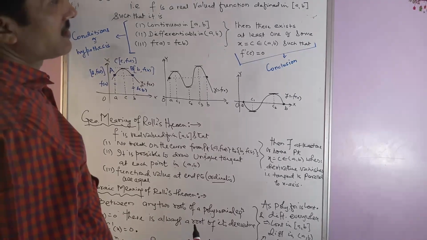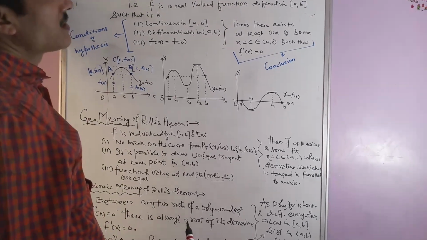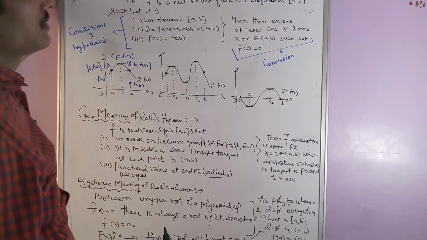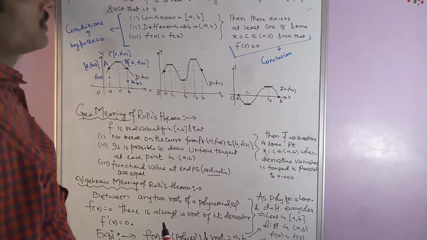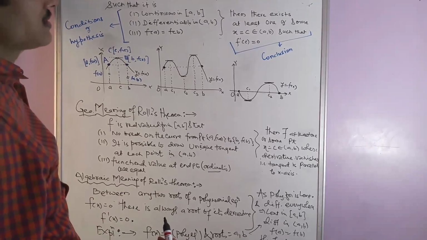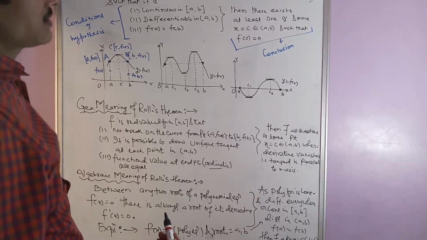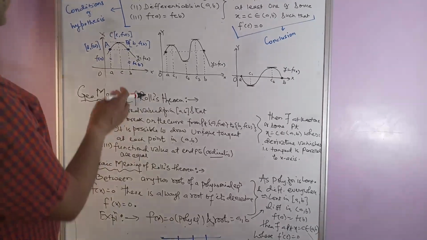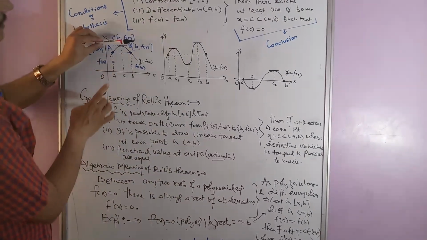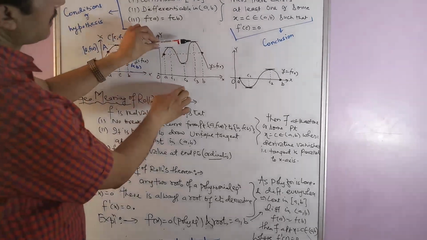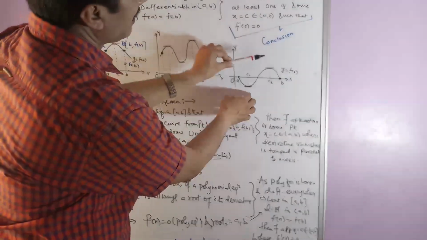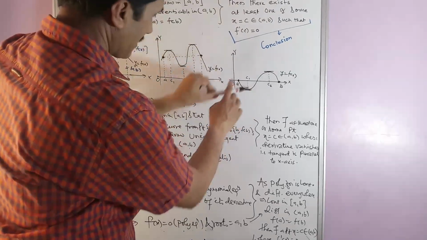So f dash c equal to 0 means the slope of the tangent at the point corresponding to c is either parallel to or along the x-axis. In these cases, the tangent is parallel to the x-axis.